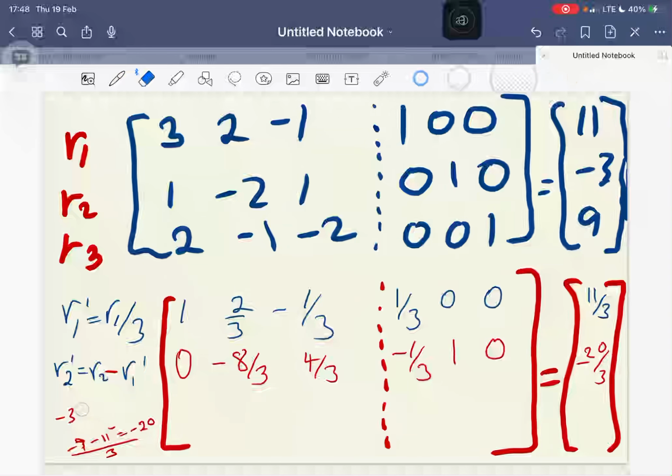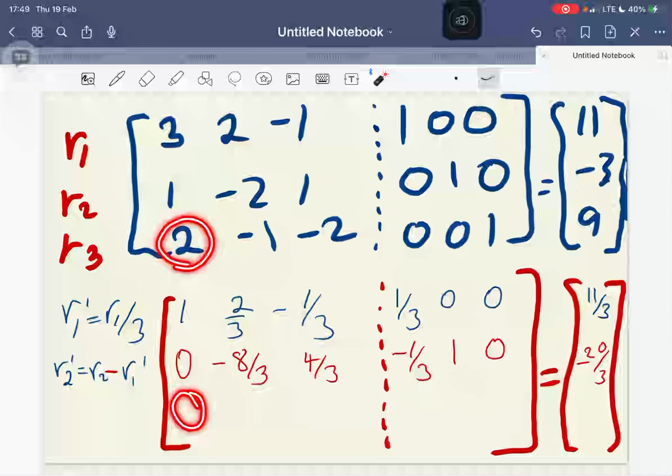Next, we have now achieved our aim of getting 0 here. The next thing is to create 0 here. And we look at what we have here. What we have here is 2. And we are to relate it to the new R1 prime we have now.